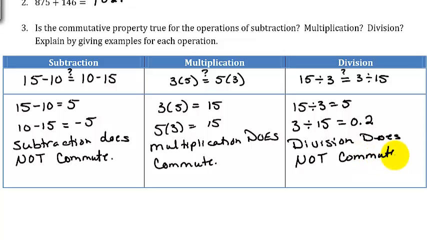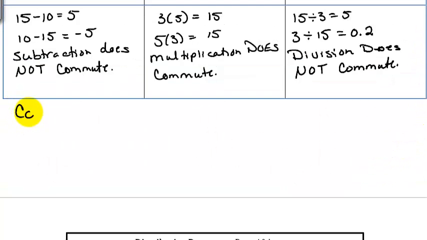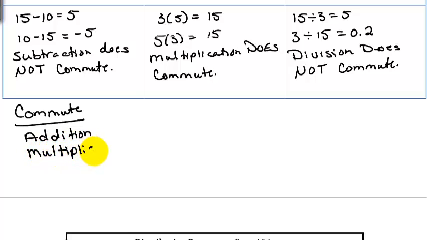Commute. Addition and multiplication. So it doesn't matter what order you add or multiply in.